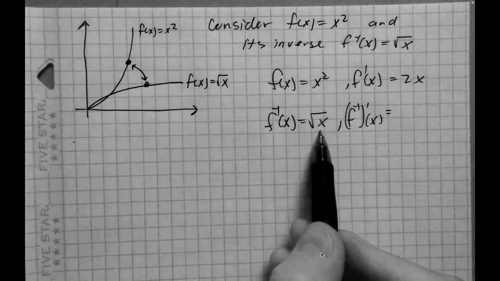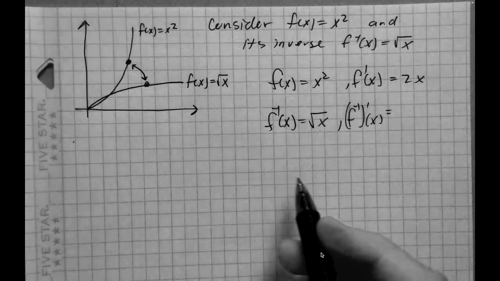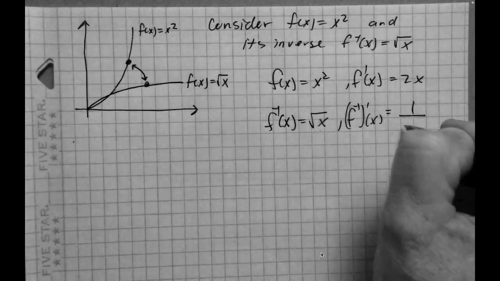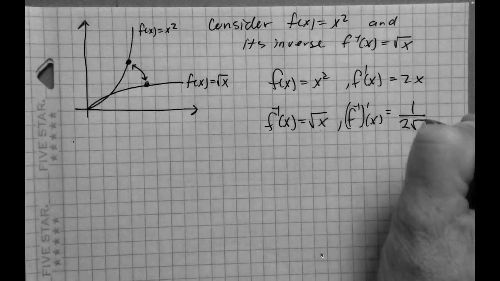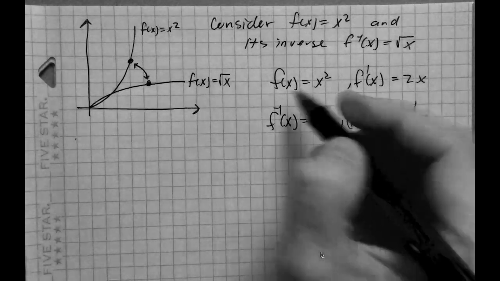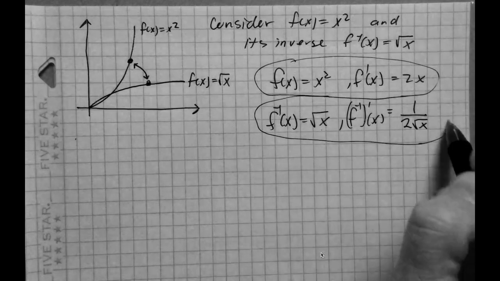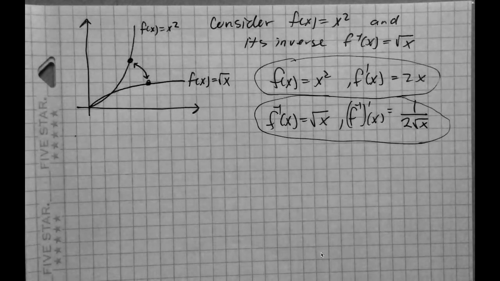This would be x to the 1/2, and so then it would be 1/2 x to the negative 1/2, and so what you end up with is 1 over 2 square root of x. So here's our functions. Here's f and f prime. Here's f inverse and f inverse prime. So you got your two pieces.